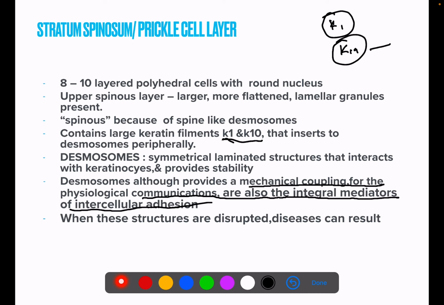Depending on the keratin, we get to know what function they are going to do. It contains large keratin filaments, K1, that insert into the desmosome peripherally. There are specific functions of keratins that we will deal with later. Desmosomes are symmetrical laminated structures that interact with keratinocytes and provide stability. When these structures are disrupted, disease can result. We'll talk about disease later.